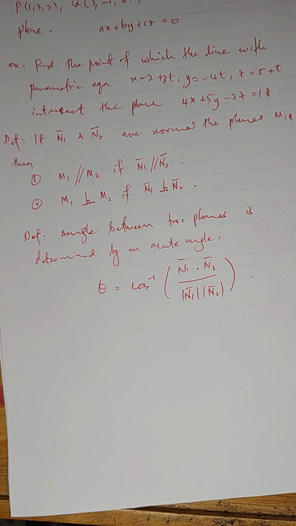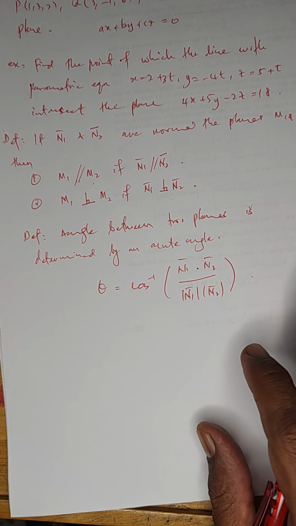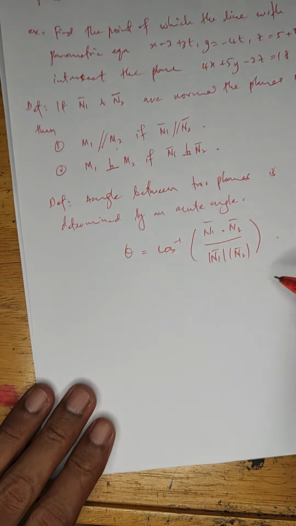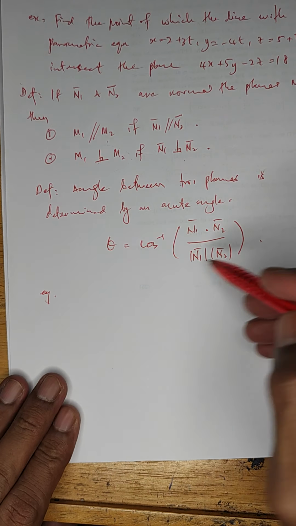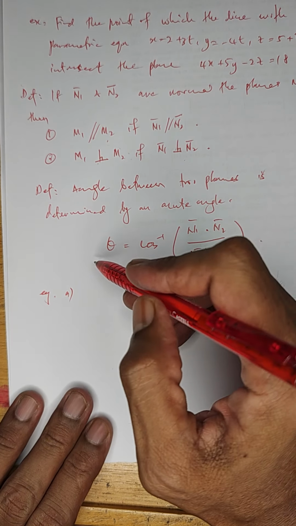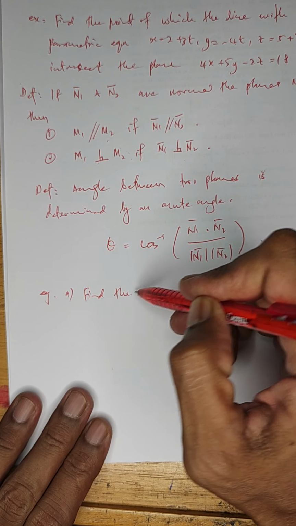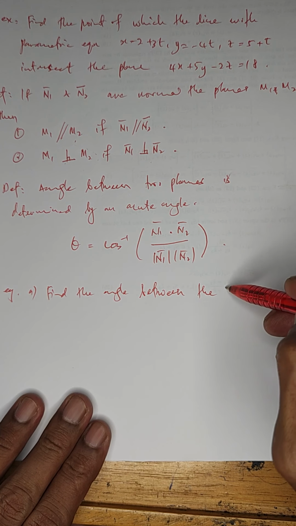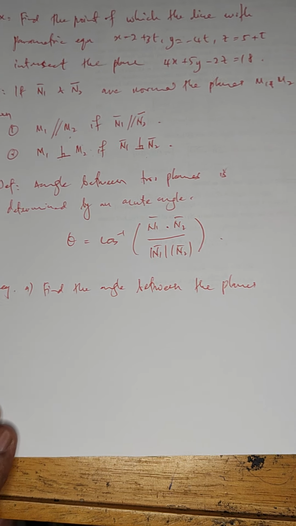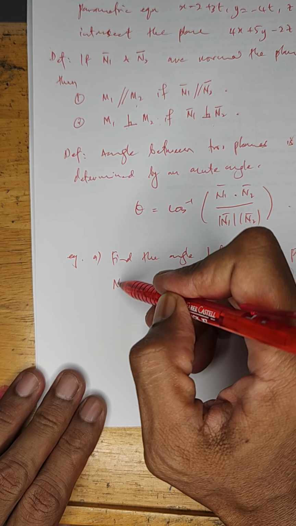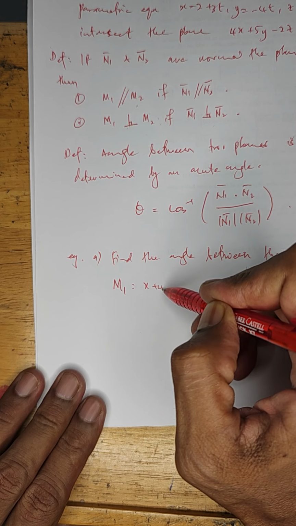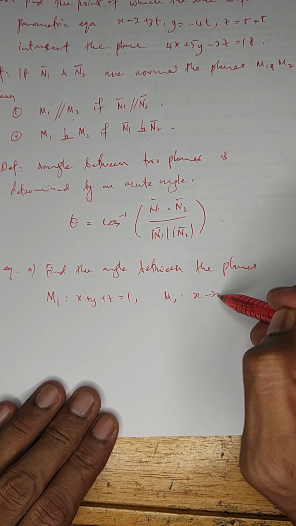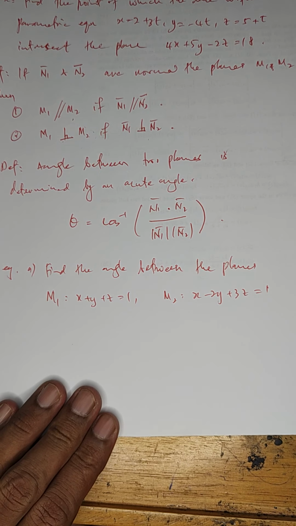Alright, let's see an example. Very simple and very straightforward example. Example: (a) find the angle between the planes m1: x plus y plus z equal to 1 and m2: x minus 2y plus 3z equal to 1.